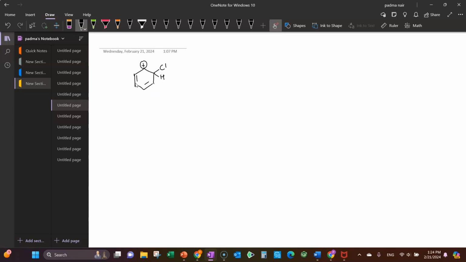This is one of the sigma complexes. You can pick any one of the sigma complexes to show your last step. It doesn't matter which one you choose. So I picked up one of the sigma complex resonance structures, where I have the positive charge on this carbon. Finally, we get rid of the proton here so that we can regain the aromaticity on benzene.